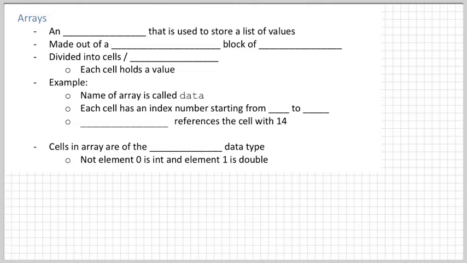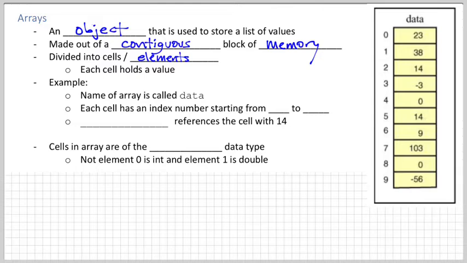So what is an array? An array is an object that is used to store a list of values. And notice I'm even using the word list here, a list of values. And it's made out of a contiguous block of memory. Contiguous means continuous. And so we could kind of visualize it in memory like this. So it's all connected.